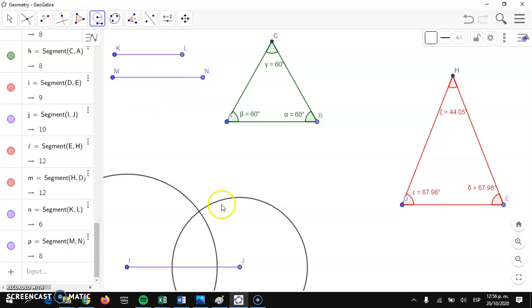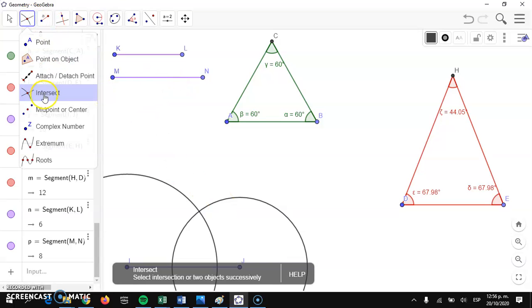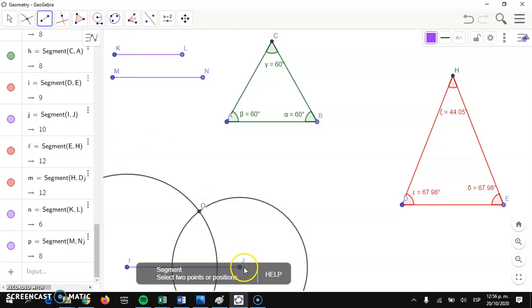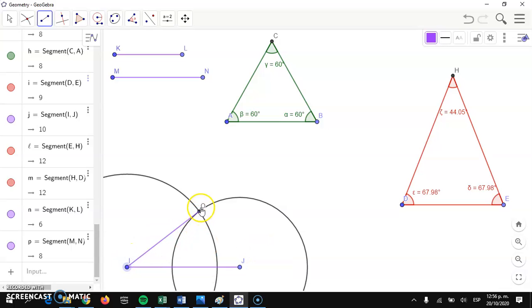But in this case, we got an intersection, which means that we can build a triangle. So we go from the point I to Q and Q to J, and this is our scalene triangle.